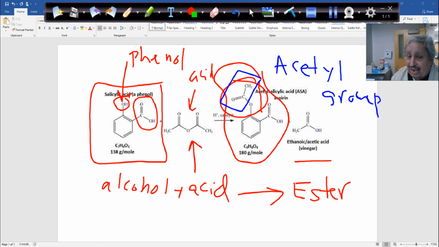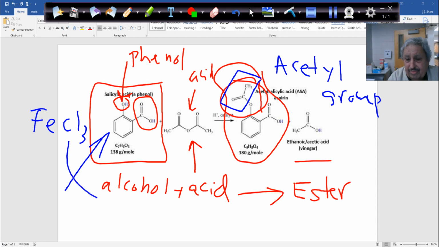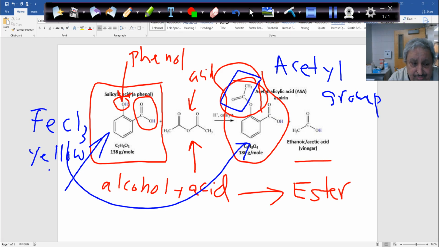Second, we have to make sure that we have consumed all the salicylic acid. We'll do what? The iron trichloride test, correct? When you add iron chloride to aspirin, iron chloride is a yellow solution.